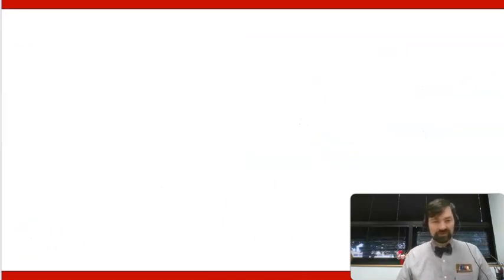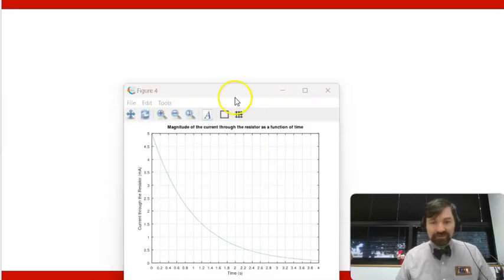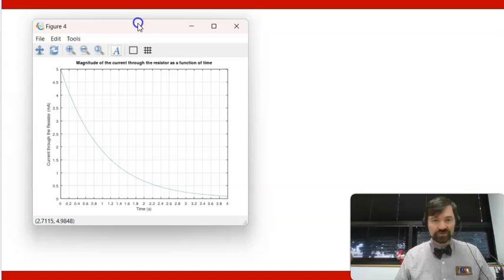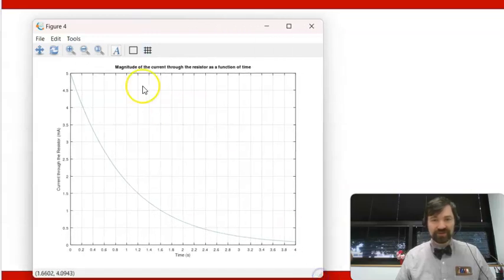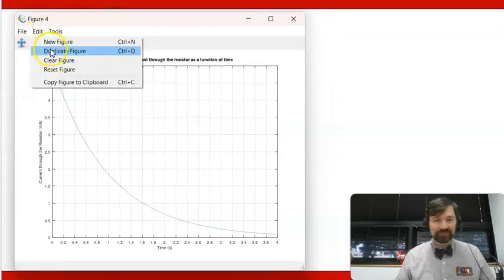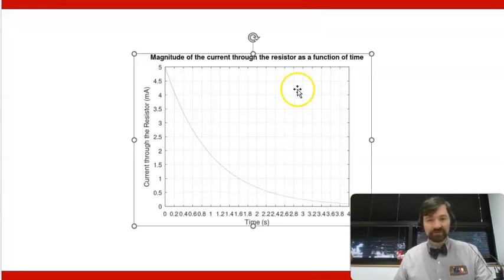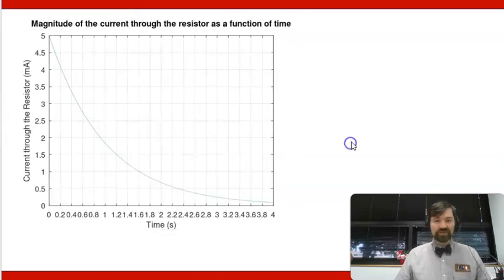All right, let's look at another graph. So this right here is your magnitude of your current as a function of time. And this one right here, if we copy it over, put it in here so I can write on it. Why is this one of this shape?